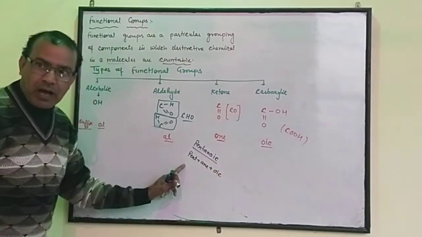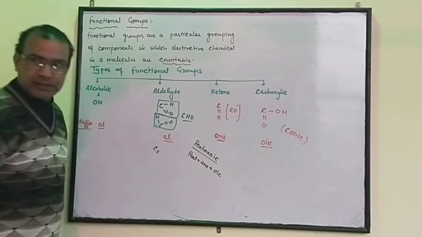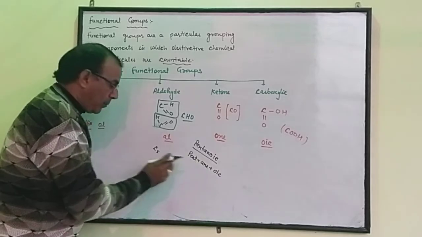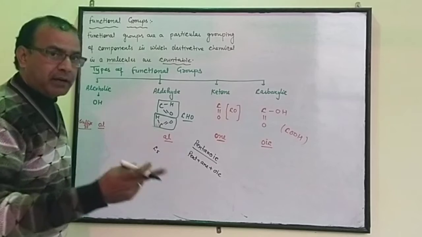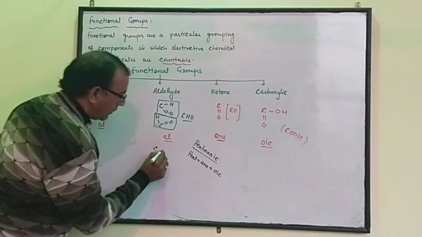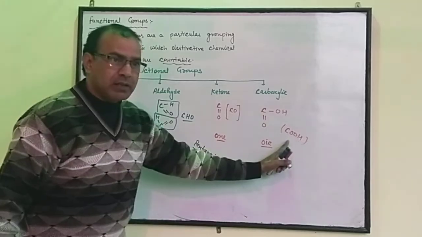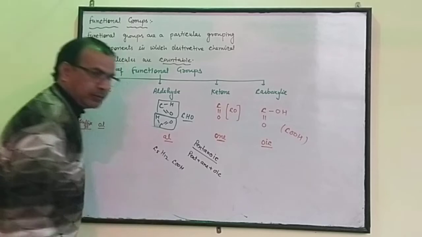Pent, the hydrocarbon compound in which 5 carbons are present. Ane, alkane, number of carbon 5, then the hydrogen will be 2n plus 2, that is 12. Oic, and oic present, what will it contain? COOH. It means it contains COOH.